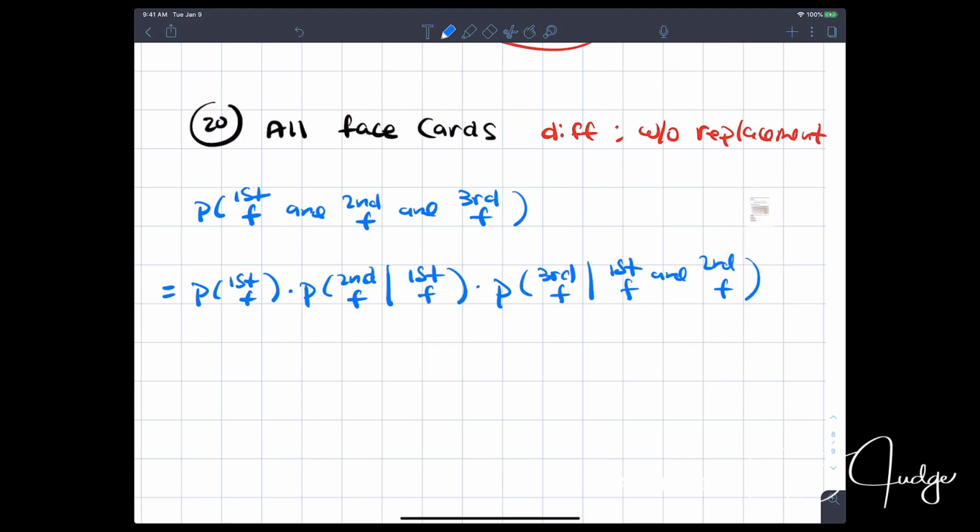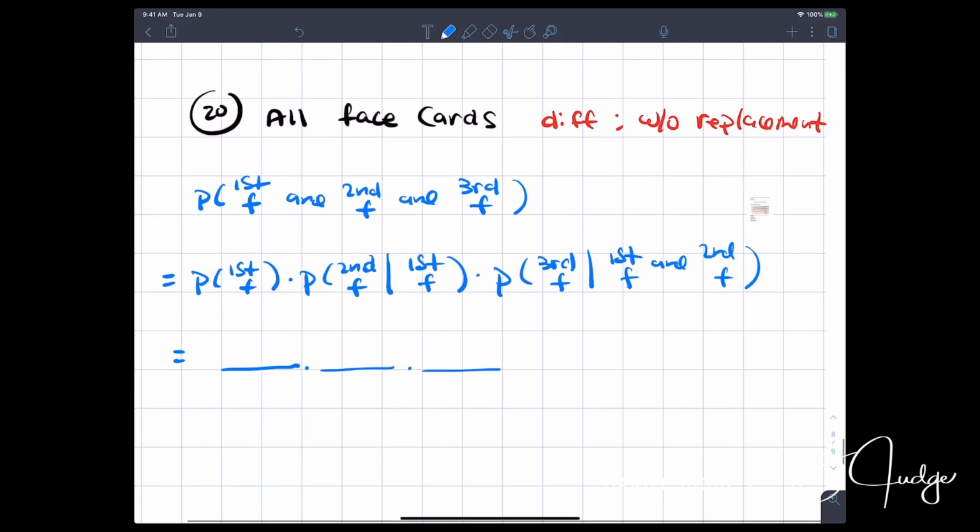So here we go. Here we have to remember, see if you guys even remember, we're going to do that first probability. What's the chance that the card you select is a face card? See if you guys recall. What are face cards?